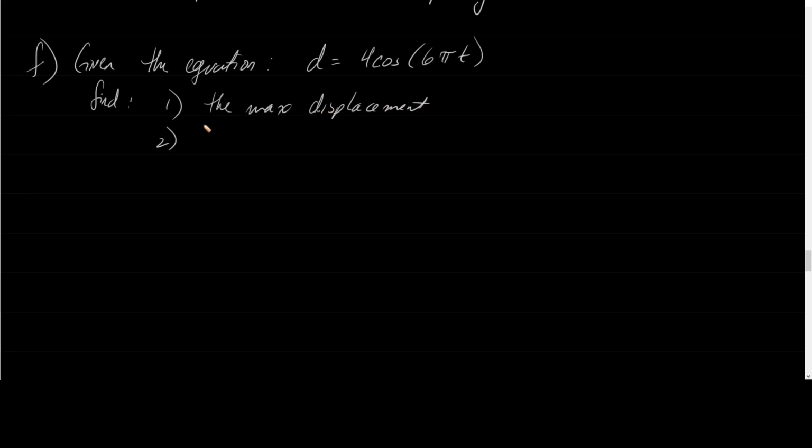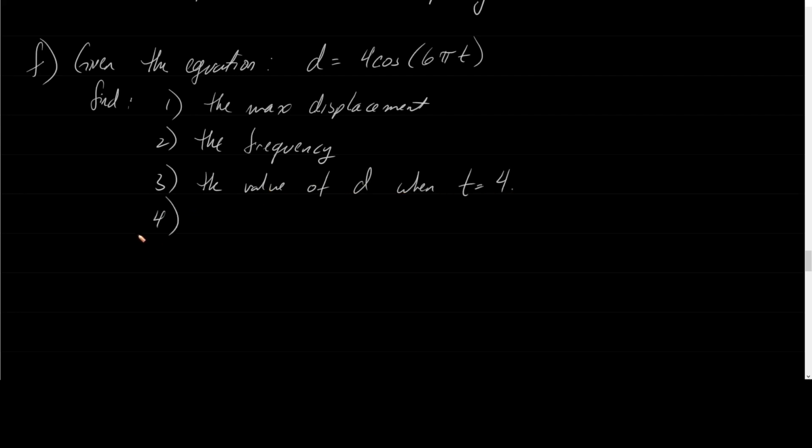Next, we're going to find the frequency. We're also going to find the value of d when t is equal to 4. And lastly, we're going to find the least positive value for which d is equal to 0.